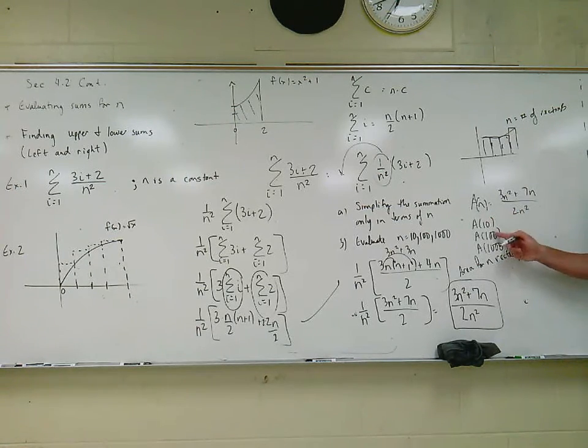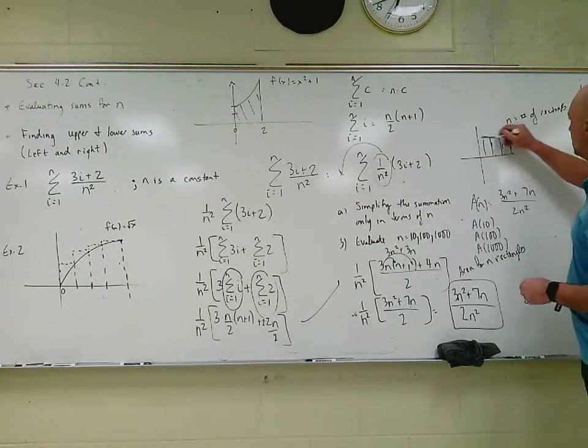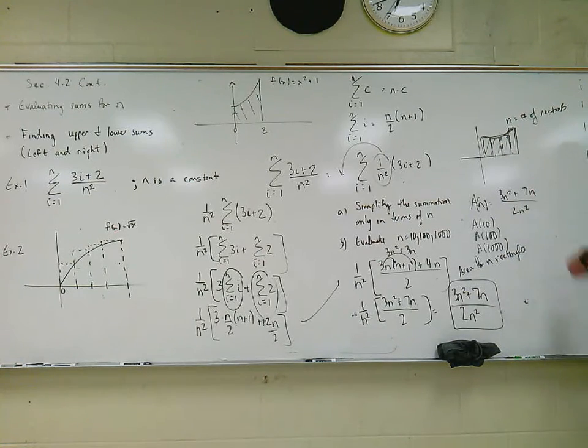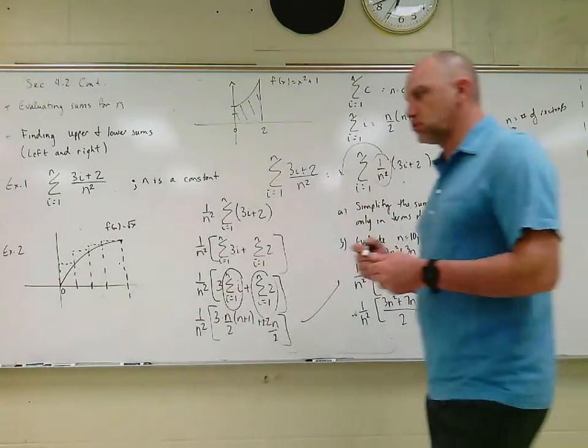The more rectangles we put, the better it should fit to the region. I don't know what the region is, I just made something up. Maybe this is my region here, and we're trying to find the area of it. So plug in your 10, 100, 1,000, use your calculator. Let's see if we converge to a value, if we get closer and closer to a value.